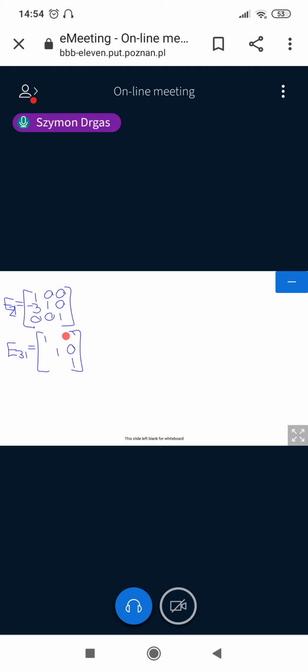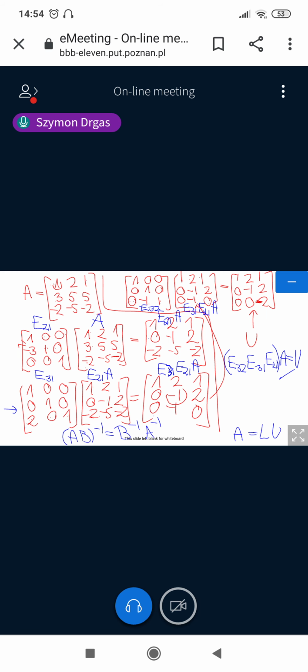All elimination matrices have ones on their diagonals and zeros above the diagonal, but there is only one non-zero element below the diagonal.